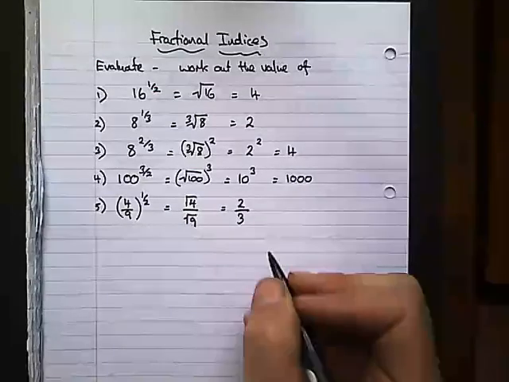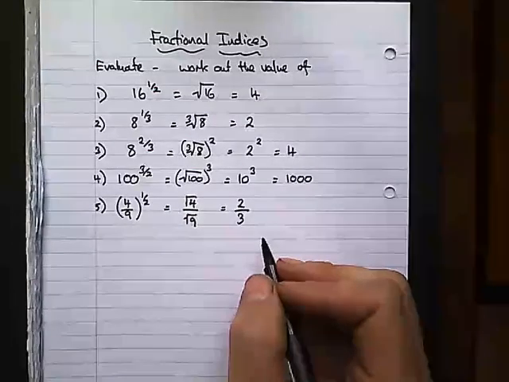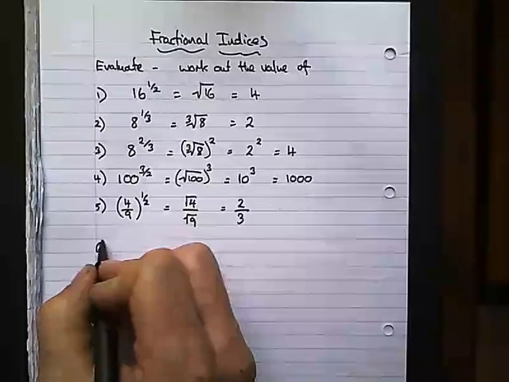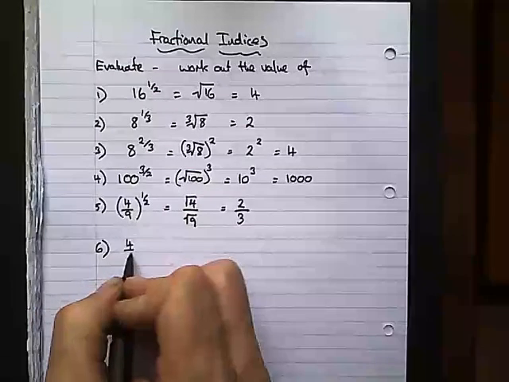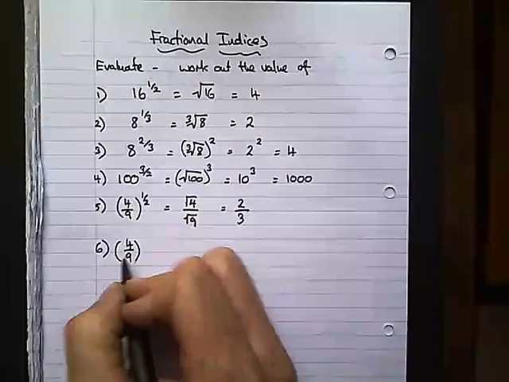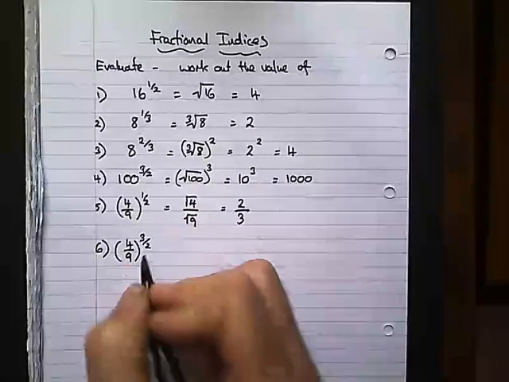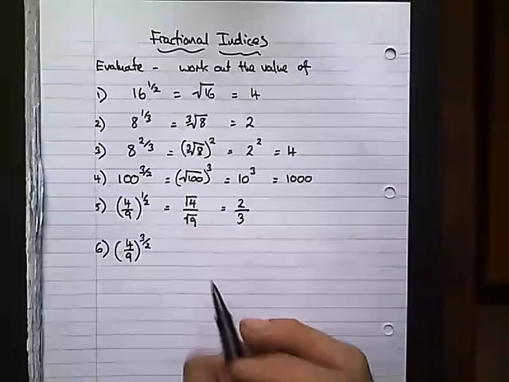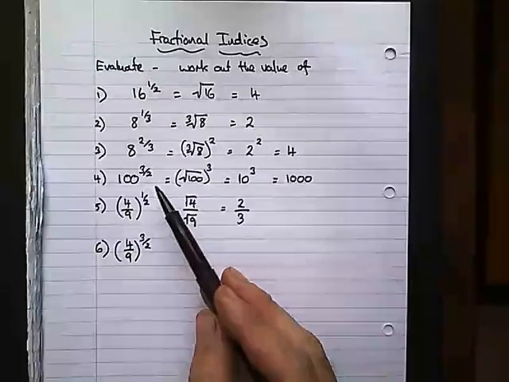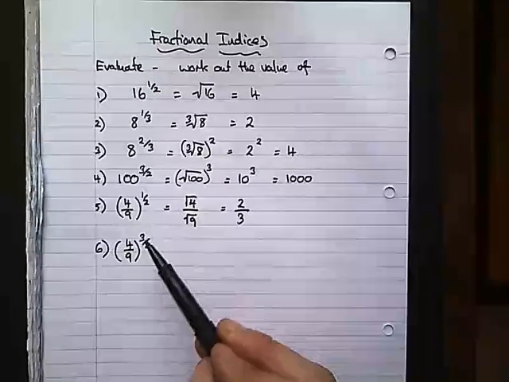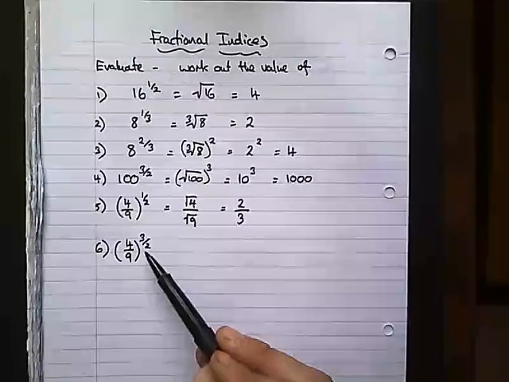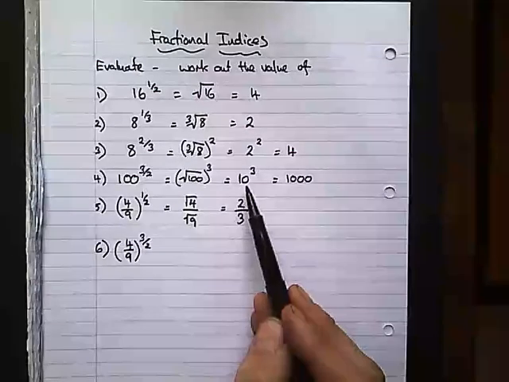It could change. I could be asked for 4 over 9 to the power of 3 over 2. So as in example 4, that tells me I want the square root of the numbers, and then I need to cube the answers.